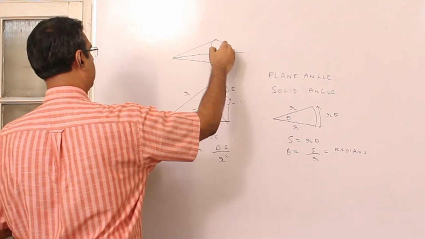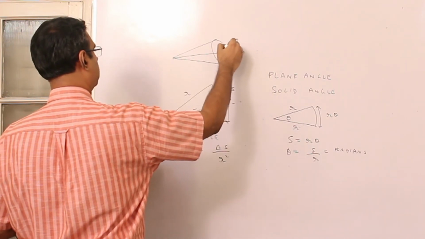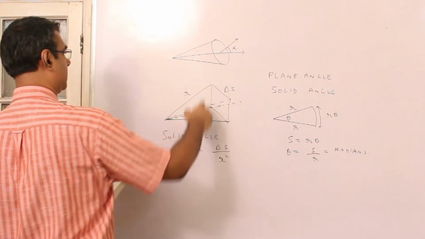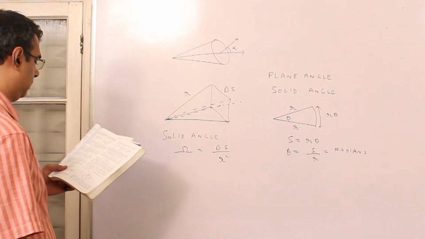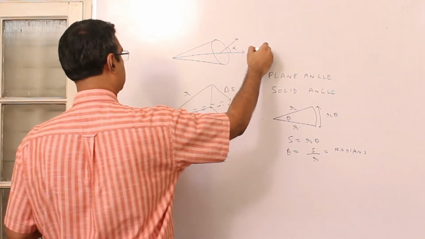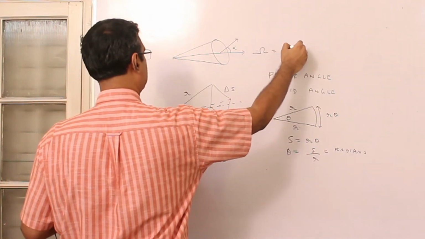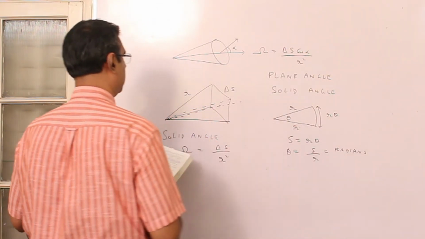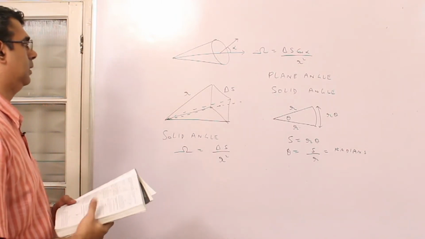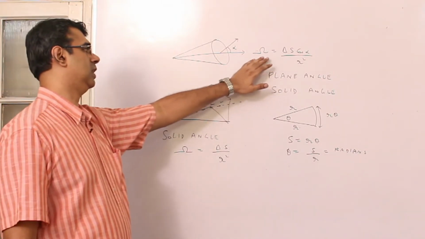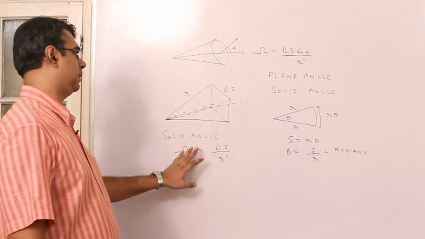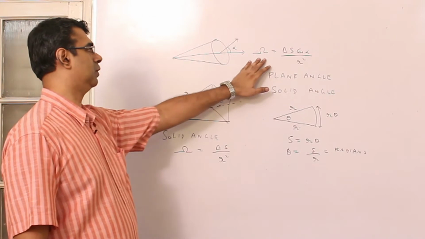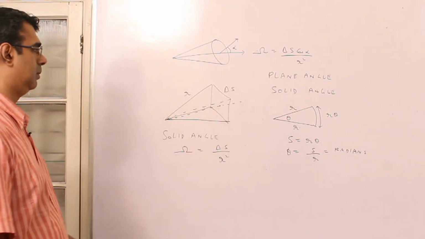In this diagram, the area vector and the line joining the point to the center of the area form an angle alpha. If that happens, then the solid angle is given by delta S cos alpha by r square. So this is a more general form. The earlier one is a special case when alpha is equal to 0. Otherwise, the formula for solid angle is delta S cos alpha by r square.